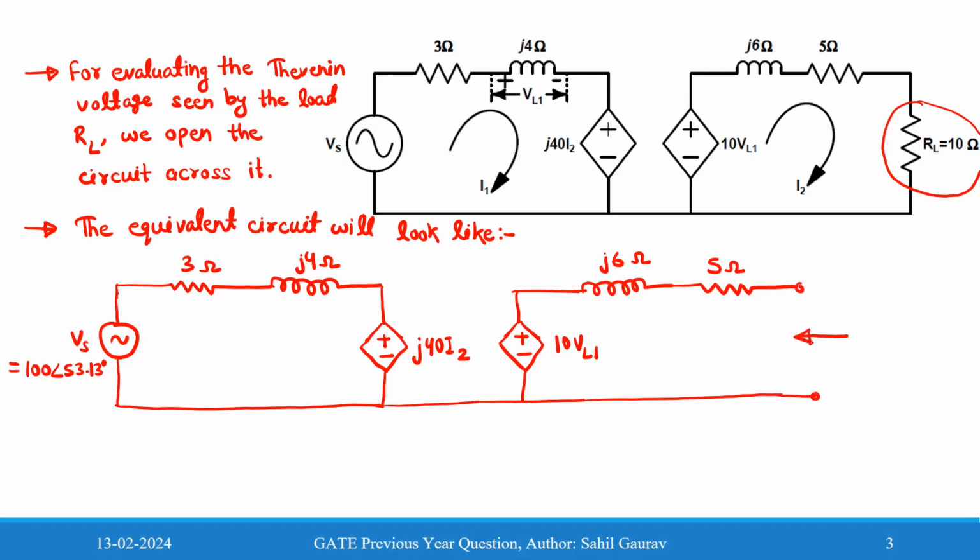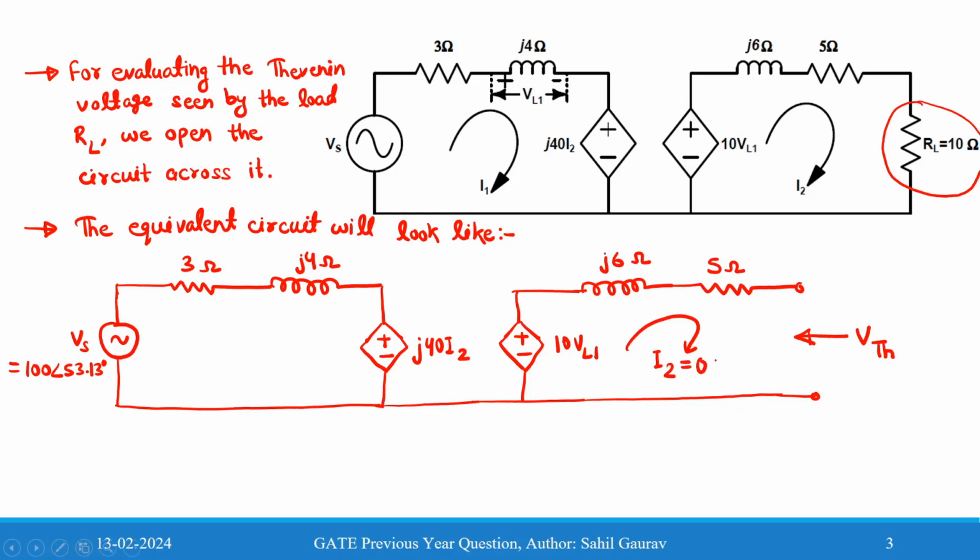So if you want to find the Thevenin equivalent voltage as seen from the load resistance RL, you have to open the resistance and find the voltage across it. Clearly, if you open the resistance RL, then this I2 will become 0.